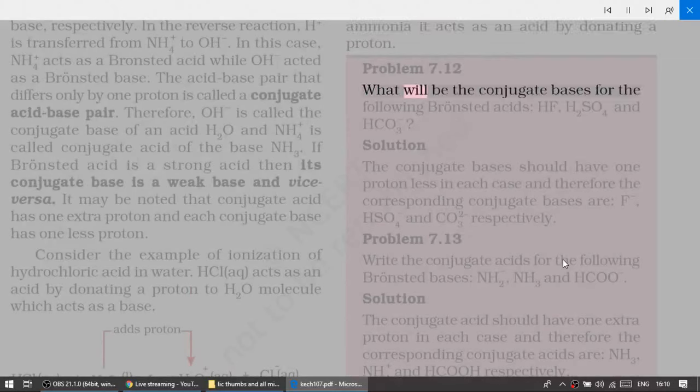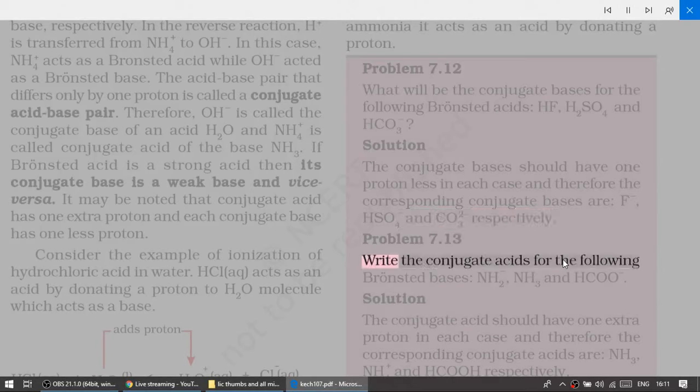Problem 7.12. What will be the conjugate bases for the following Bronsted acids: HF, H2SO4 and HCO3-? Solution: the conjugate bases should have one proton less in each case, and therefore the corresponding conjugate bases are F-, HSO4- and CO3 2- respectively.